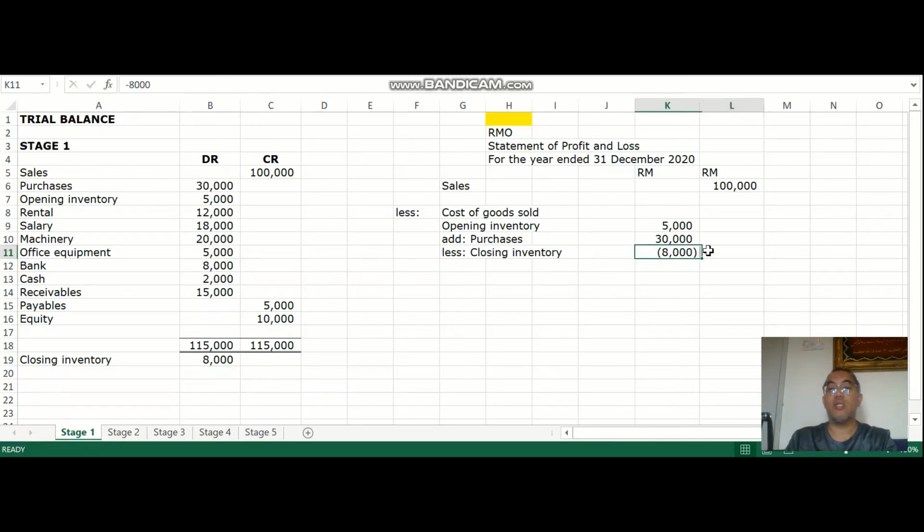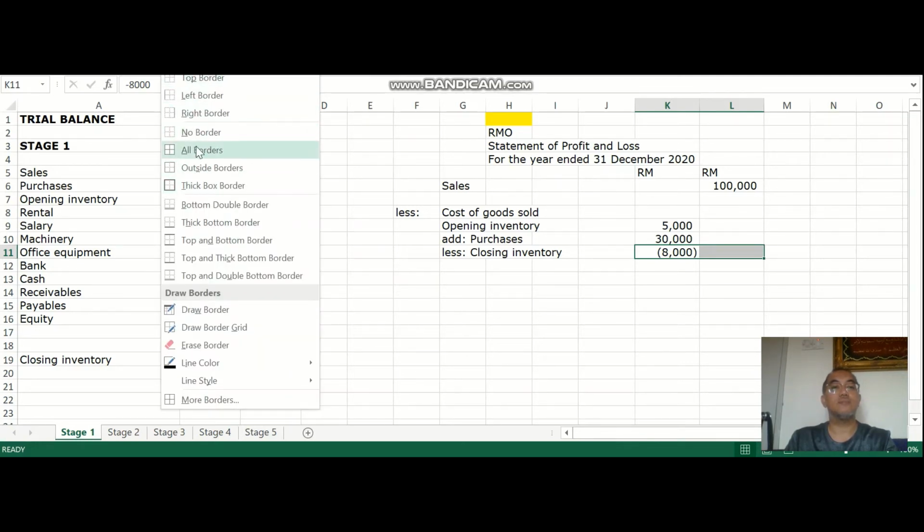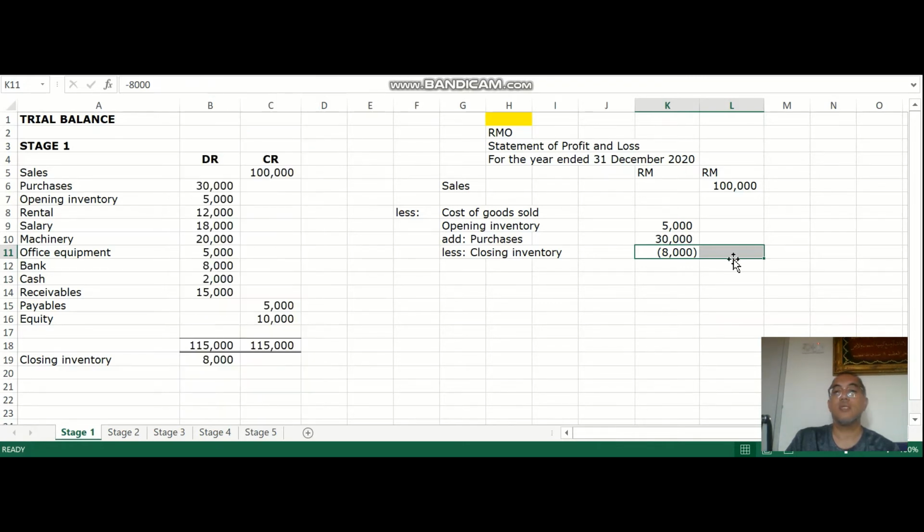Okay, so let's total up how much our cost of goods sold is. You have a calculator, you can calculate now. Just use the formula. This is 27,000.